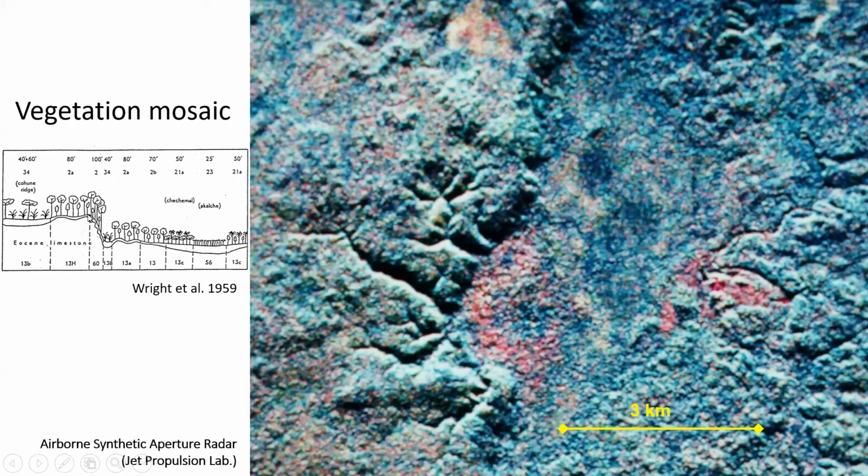that are connected with the topography that you see in this diagram here on the left, created in 1959 by Charles Wright and his colleagues, a team sent out by the UK to survey the entire country of then British Honduras.